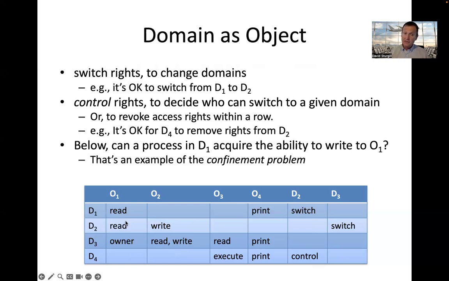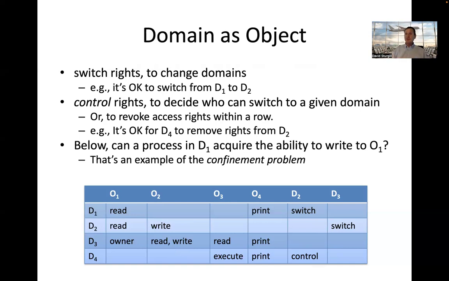So you could give D1 the ability to write to O1 and then drop all the way back to D1, and then you could write to that object. So with an expressive way of talking about permissions, the more expressive you make that, the harder it gets to answer questions about what processes might be able to do.